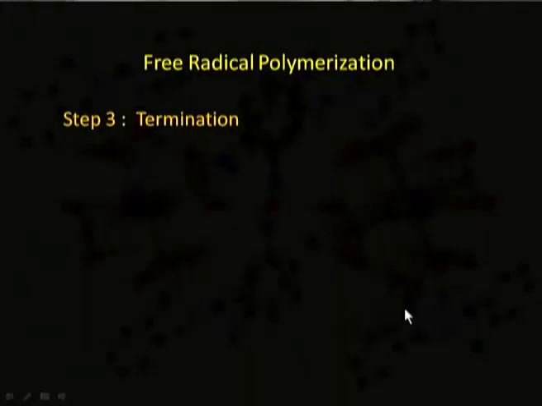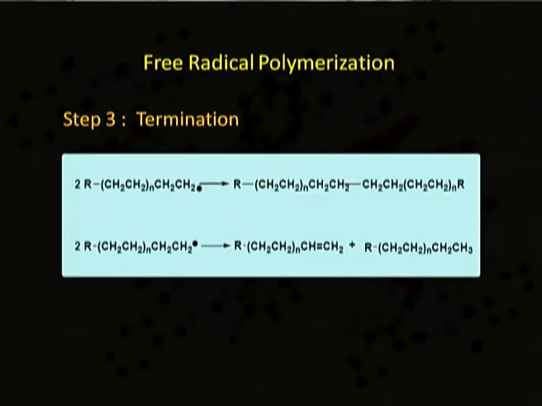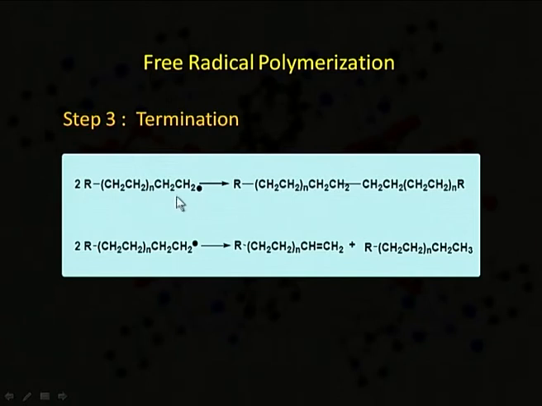The third step is termination. In this step, the formation of polymer takes place and the free radicals combine together by covalent bond, and it can be understood by this diagram. Here we are seeing that two free radicals are present and formation of polymer is going on through this covalent bond, and the higher molecular mass can be controlled by chain transfer.